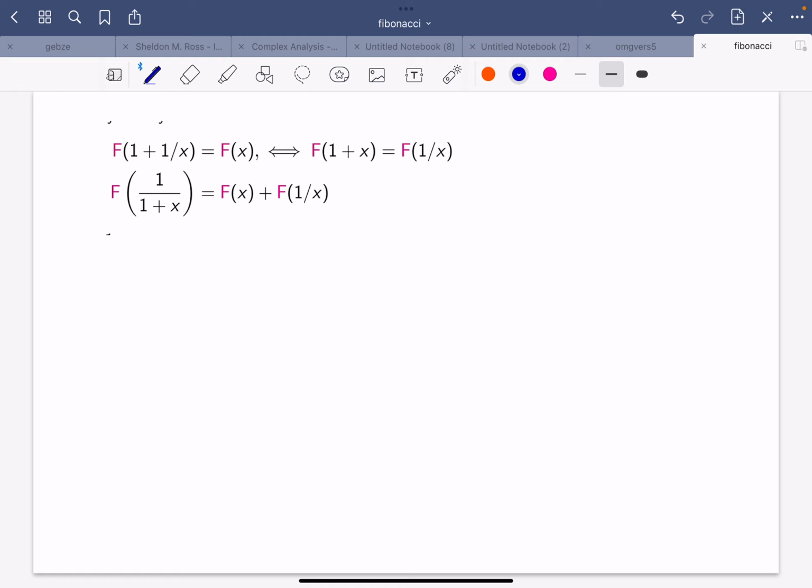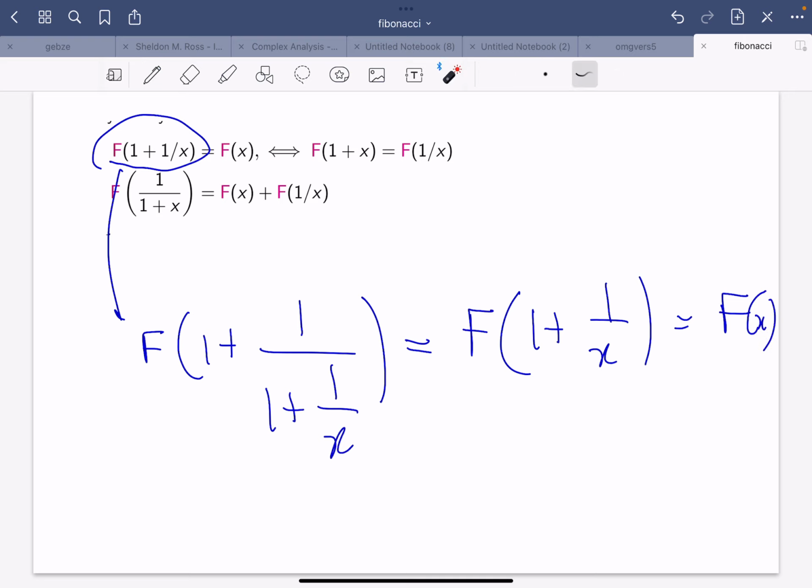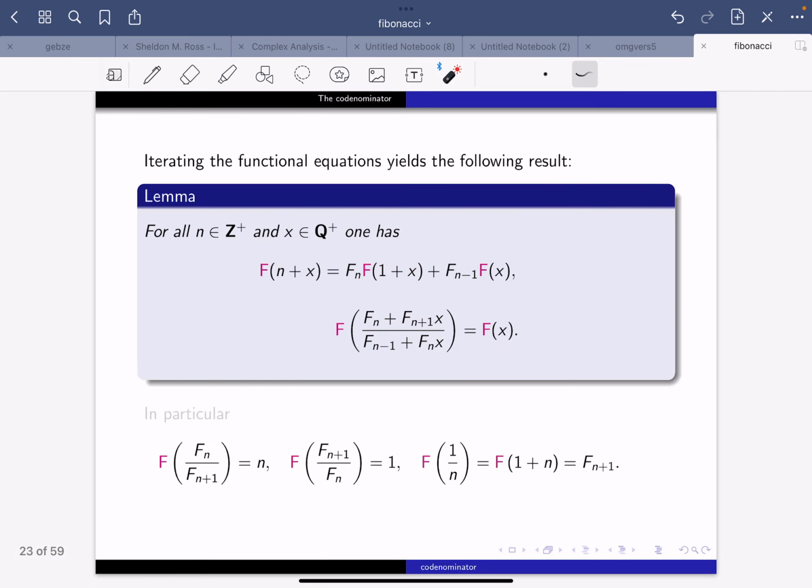So if I iterate this functional equation, this gives f of 1 plus 1 over 1 plus 1 over x equals f of 1 plus 1 over x, which equals f of x, etc. And if we iterate this again and write this in a compact form, we obtain the second functional equation here.